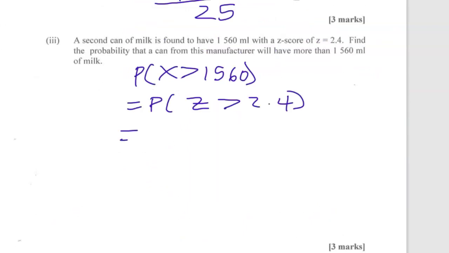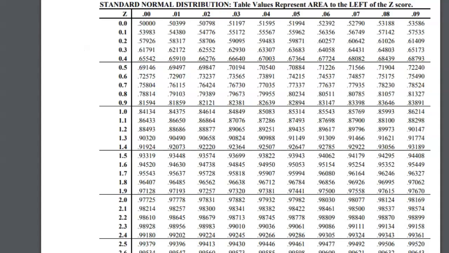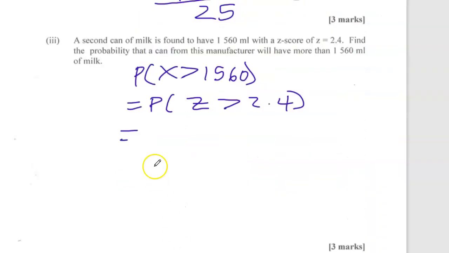Let's go to the Z table. For 2.4, the Z table gives us the probability for less than. When Z is 2.4, we have 0.99180.